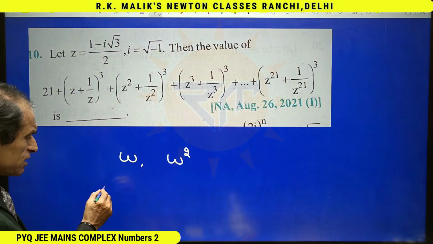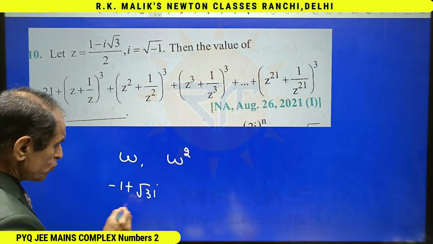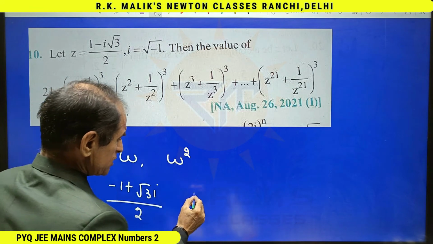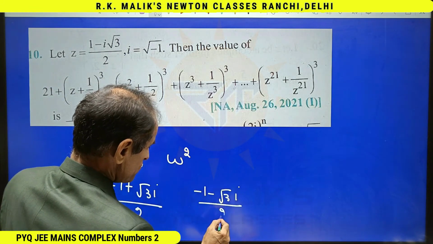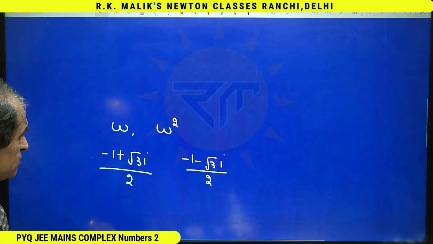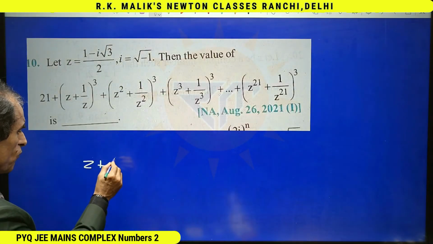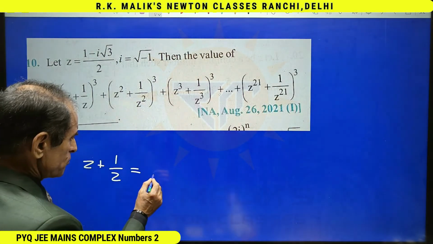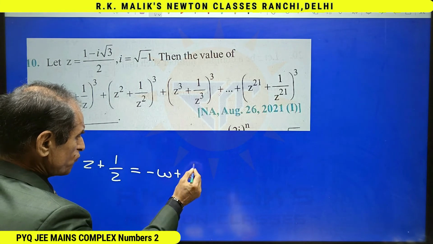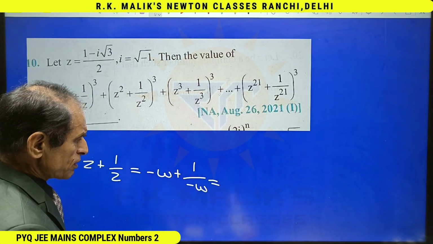We know that omega is minus 1 plus root 3i/2, and omega square is minus 1 minus root 3i/2. Hence, looking at it, z plus 1 by z will become minus omega plus 1 upon minus omega.